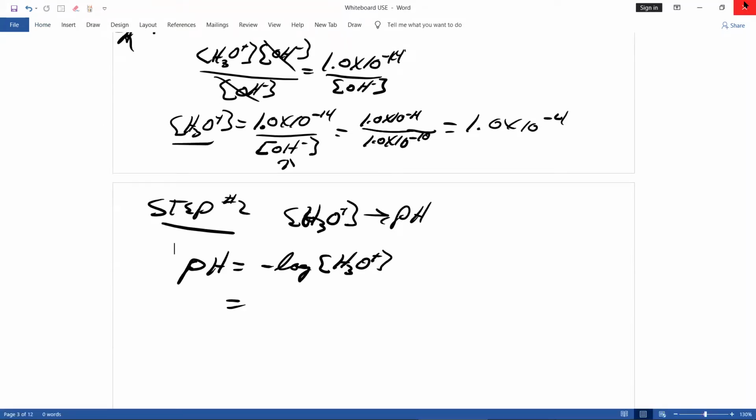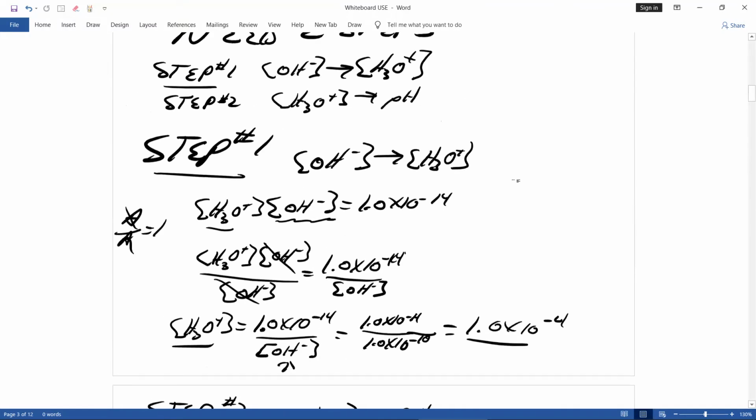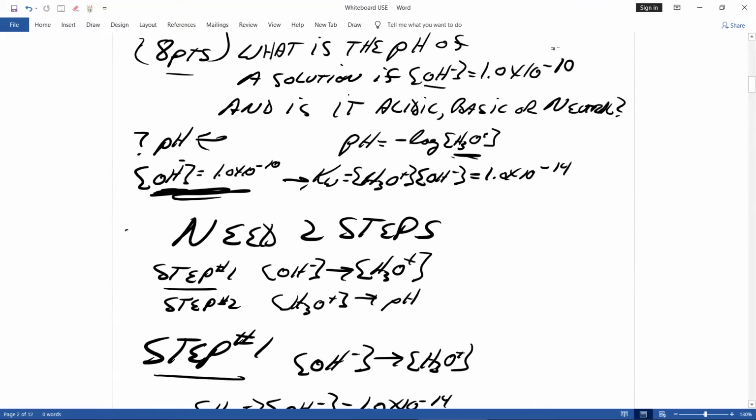We just figured that out right here. And now, remember when this is 1.0 times 10 to the minus x, in this case x is 4, the pH is 4. So that's our pH. But we're being asked, is it acidic, basic, or neutral?